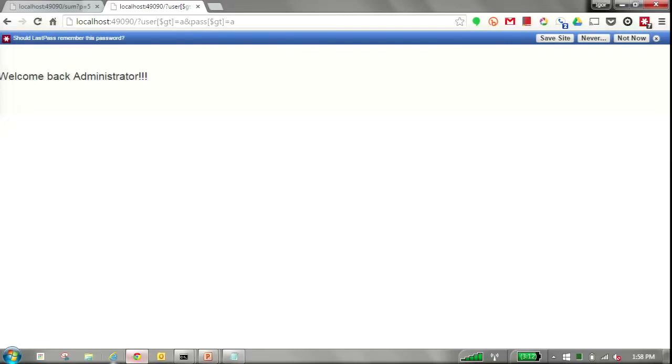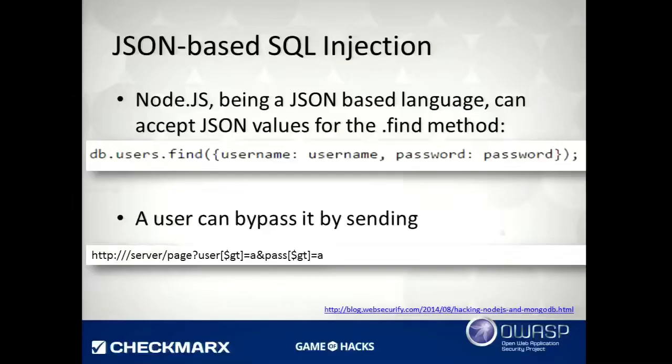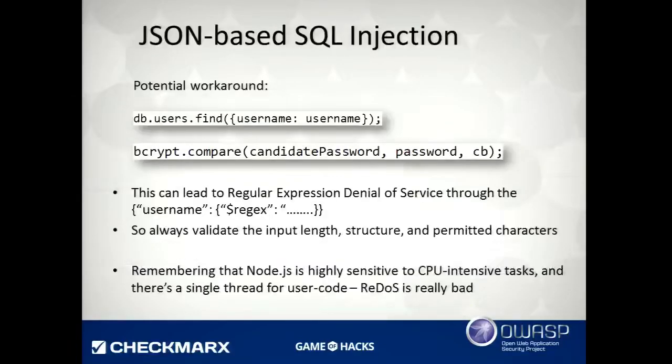Now, a possible workaround for this is actually not to put the password inside the initial query, but to just get users based on username and then compare the password using some other method. Right?